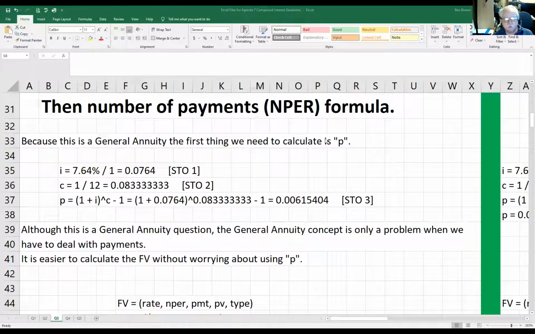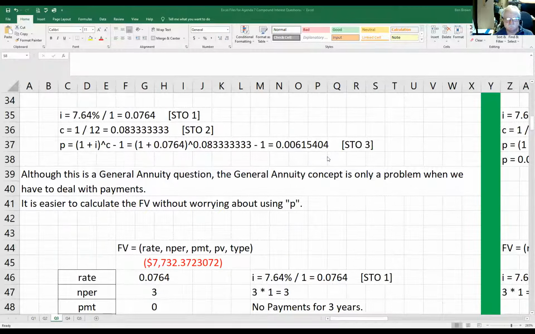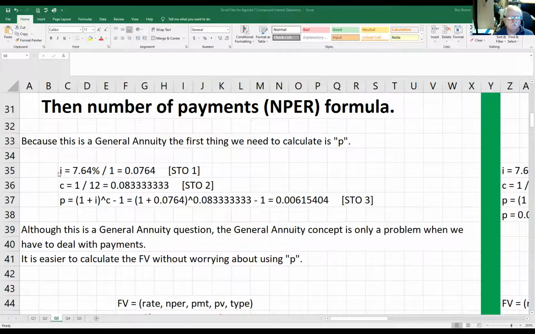This is complicated because this is a general annuity. And if it's a general annuity, when we do the annuity portion, we're going to have to know the value of P. So we have to find I. We have to find C, which is always compounding over payments.